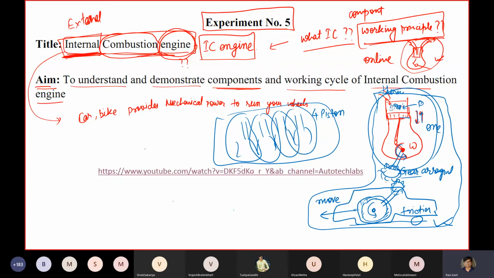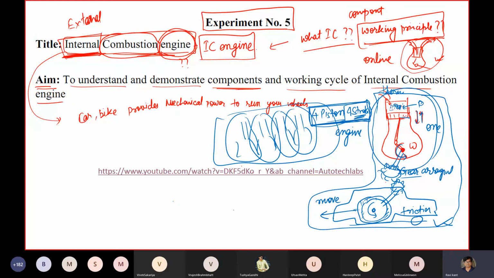Maybe in your bike, maybe two pistons are there or one piston, but in your car you have four pistons and four stroke manner. I'll also talk about what this whole stroke is all about in the subsequent slides. So in your car, you have a four piston, four stroke engine. That is why it is named four piston, four stroke.